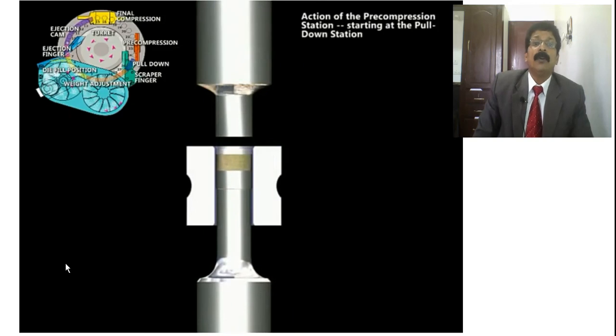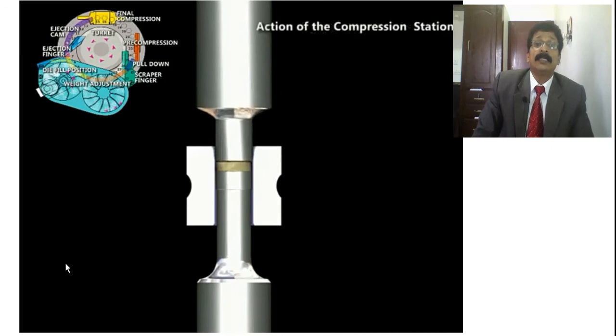The next step, you can see the upper punch comes from the top, gets inside the die, and the compression takes place. You can observe the upper punch slowly pressing the powder or granules to the thickness the tablet requires. Now it is compressed and the upper punch moves up and goes away from the die.